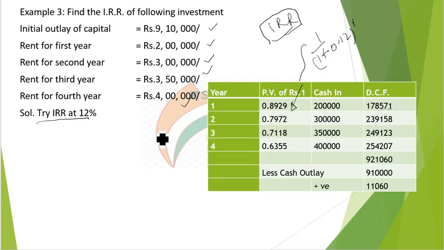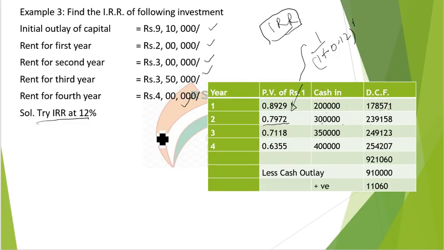Similarly, for the second year, the present value factor will be 0.7972. 3 lakh is the cash inflow, so the discounted cash flow is 2,39,158.